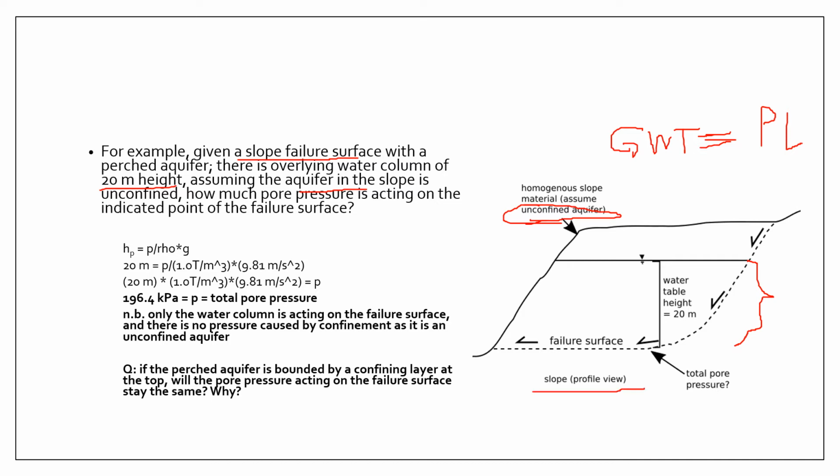So this is a profile view of a slope. This is your slope profile. It's quite steep in this part. And you have a potential failure surface defined by this line, so the slope can fail and can move this way.